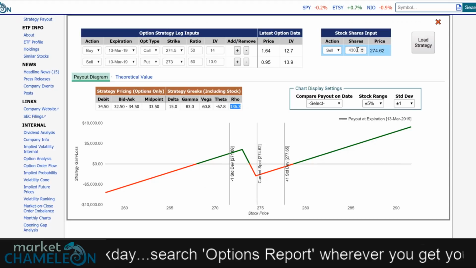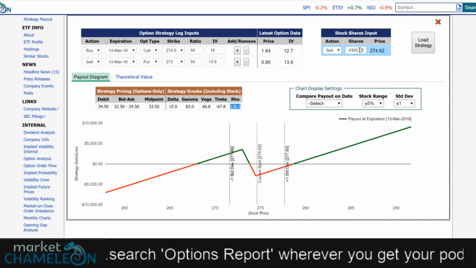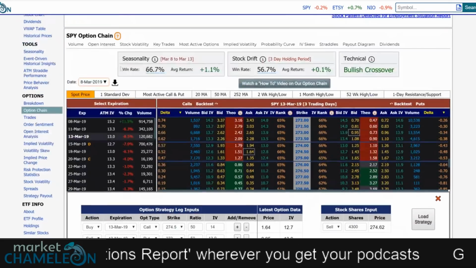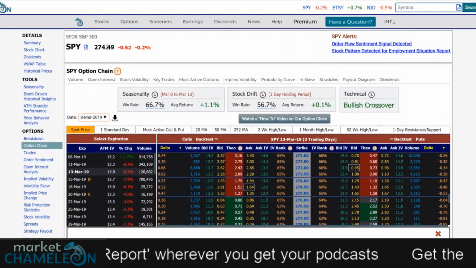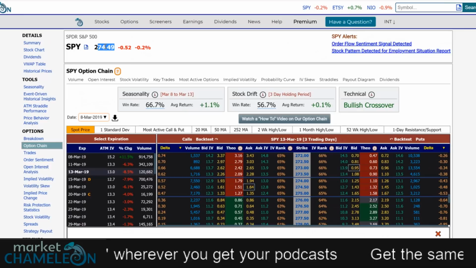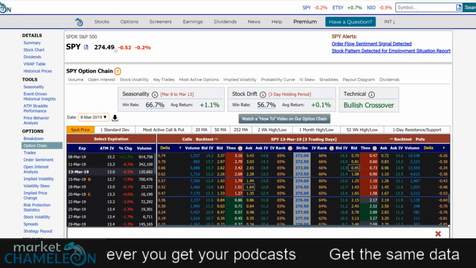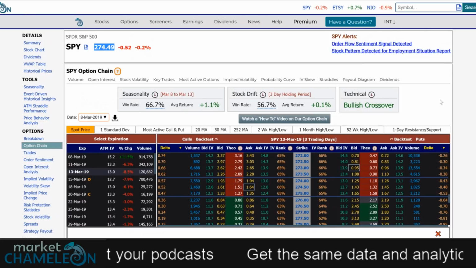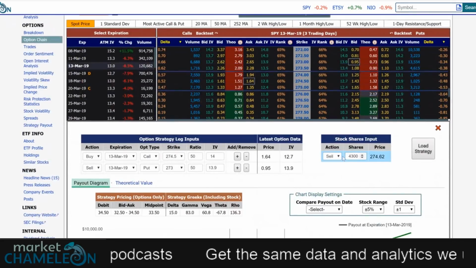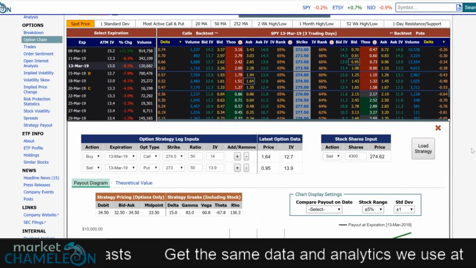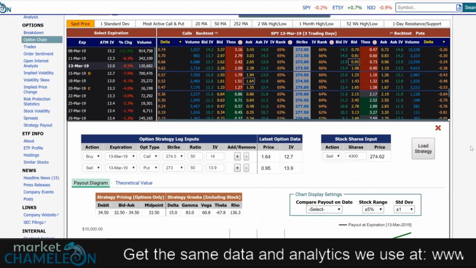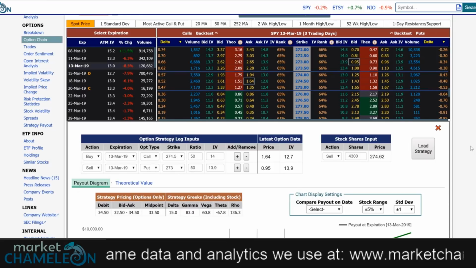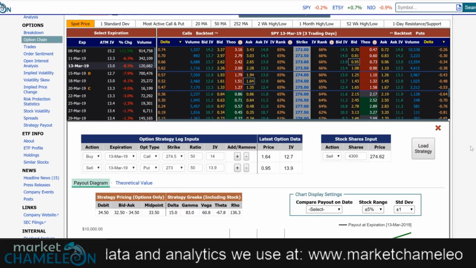Right. So in our situation where we sold 4,300 shares of SPY, right? Just imagine that each thousand shares is $274,000 worth of stock. If you sold short 4,300 shares of stock, that means you had cash come in, right?